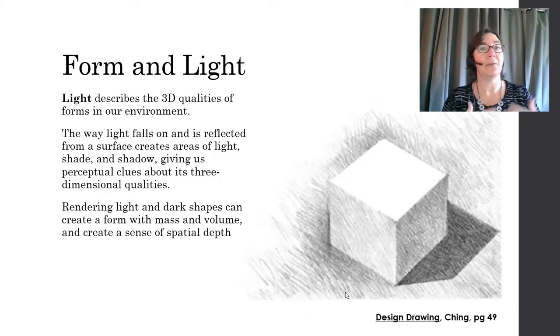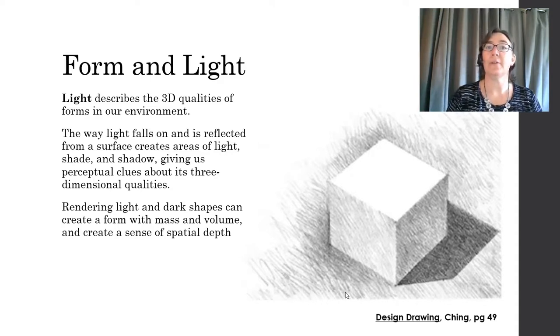While we're talking about value and form, let's add in the quality of light. Light is something that describes the three-dimensionality and quality of form in our environment. So your form isn't sitting by itself in a vacuum somewhere. It's sitting in an environment and the light falls on and is reflected from its surface.